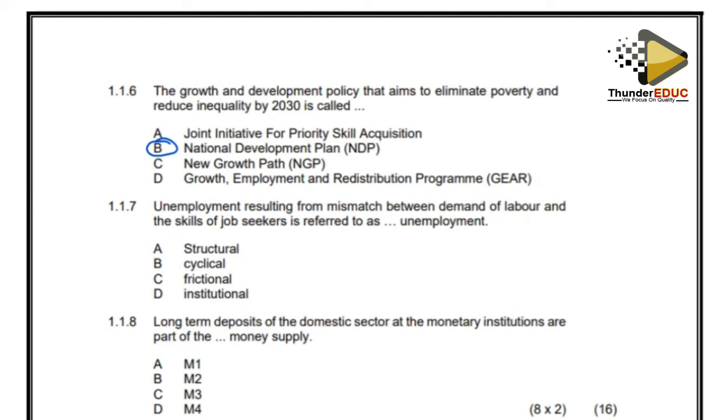Because the moment businesses produce a lot of goods and services and demand is less, it means that there's no one who's buying those goods and services. And at the end of the day, an economy is going to experience what you call a market failure. And the moment there's a market failure, it means that businesses are going to suffer. And if businesses are going to suffer, it means almost everyone is going to be affected. How is that so?